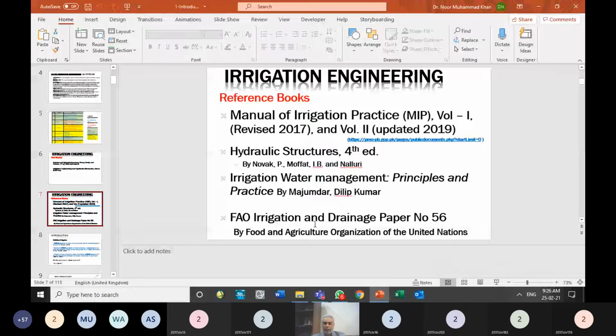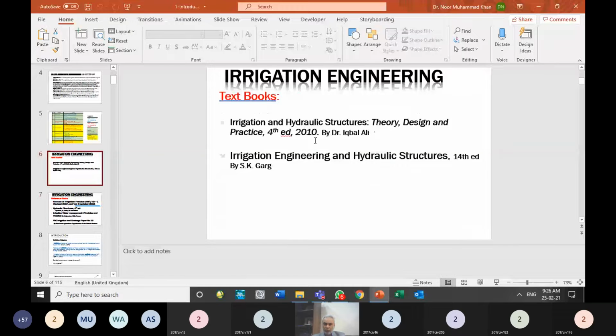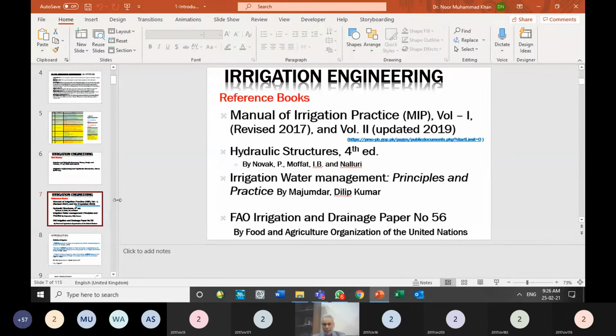That can be helpful in the topics we will be covering in design of irrigation and in crop water estimation. But these things are covered in these books also. So if somebody wants to read in detail, these are the additional reference material. These two books I will recommend you should have. The rest are at your choice.